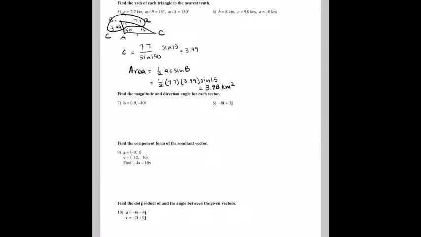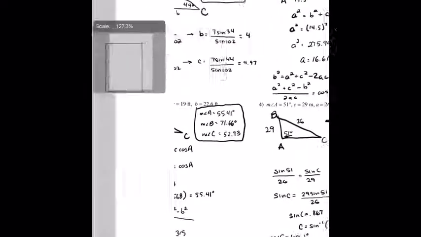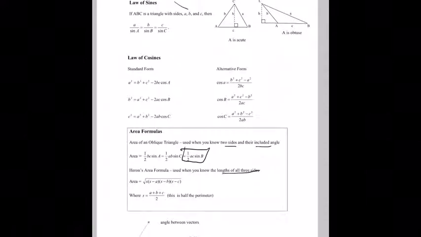Now for question 6, we have 3 sides of a triangle given. So if we have 3 sides, we can use Heron's area formula, which is first we need to know this value of S. It's half the perimeter, called the semi-perimeter. And then you apply that into that formula.